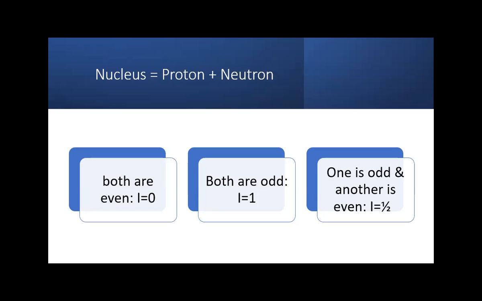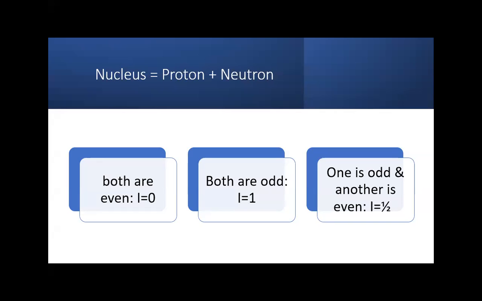If the proton is rotating this way, when it is excited, it will rotate that way. But here we have minus 1, 0, 1, so we cannot get this. So there is only one possibility to use NMR, only when I equal to half.